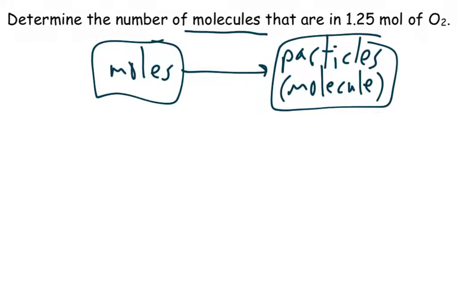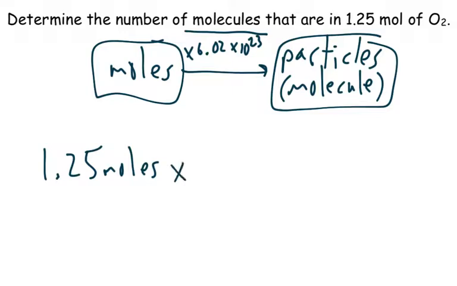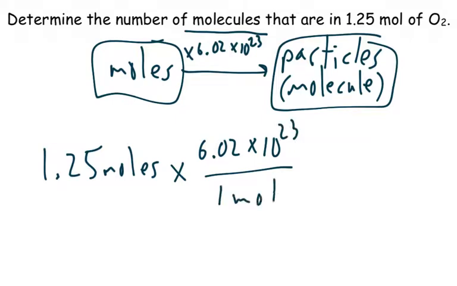According to the flow chart, all you need to do is multiply by Avogadro's number to go from moles to molecules. So you get 1.25 moles, and then you're going to multiply by 6.02 times 10 to the 23rd, because that's how many molecules there are per mole.